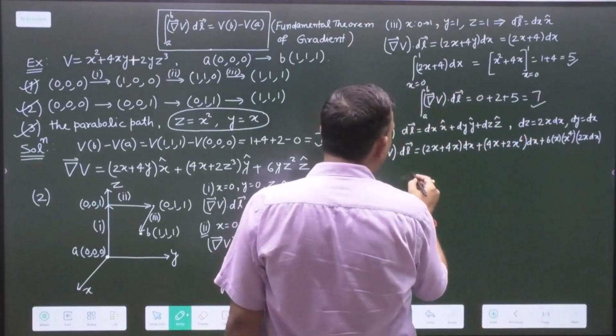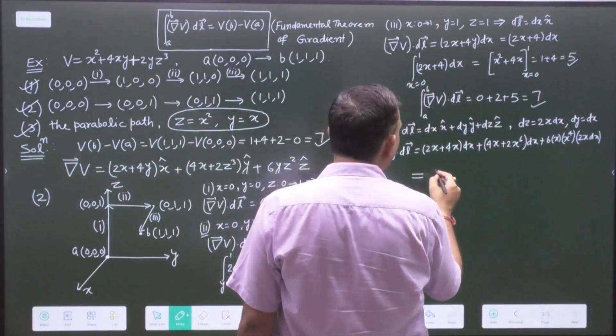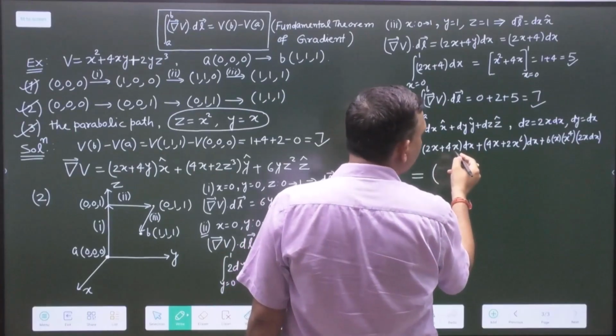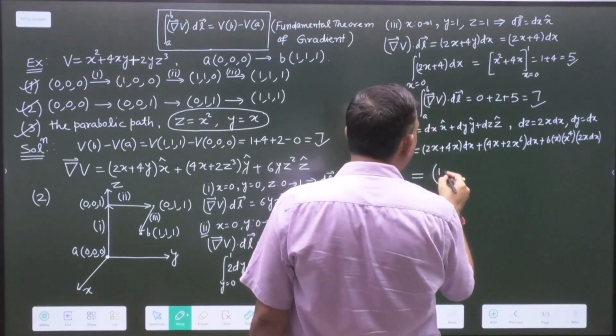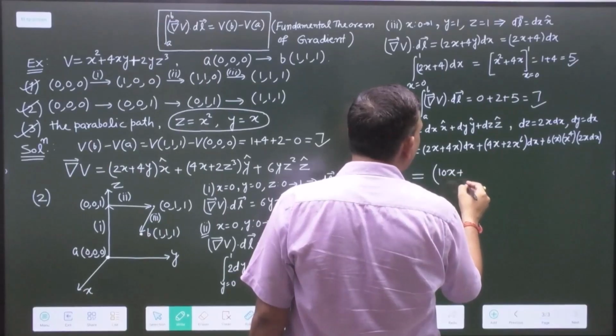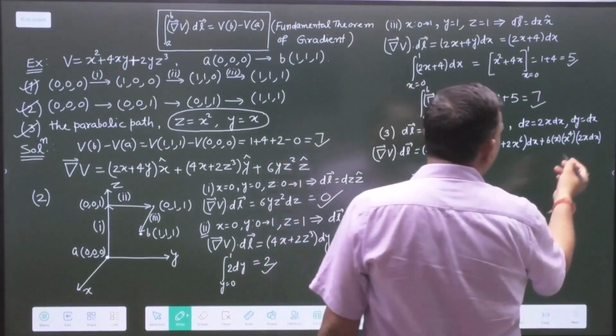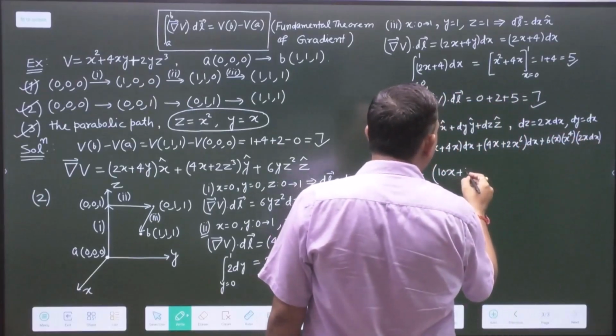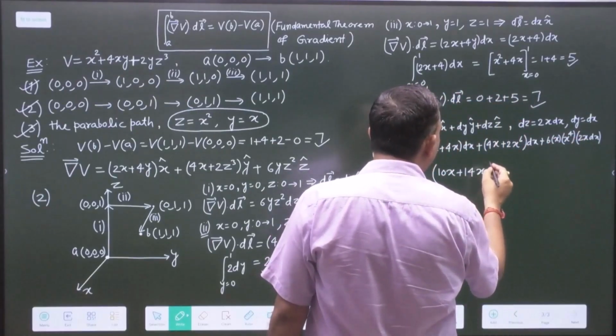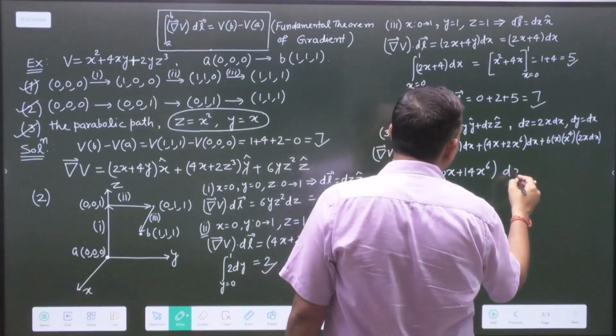So now you should write this is 6x plus 4x. So this will be 10x plus 2x to the power 6 plus 12x to the power 6. So this is 14x to the power 6 dx. This will be the value.